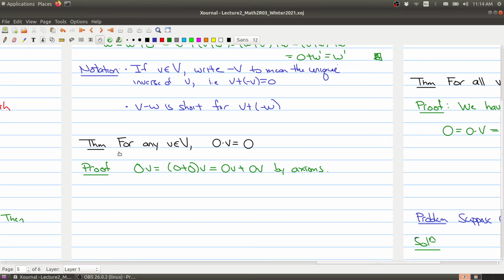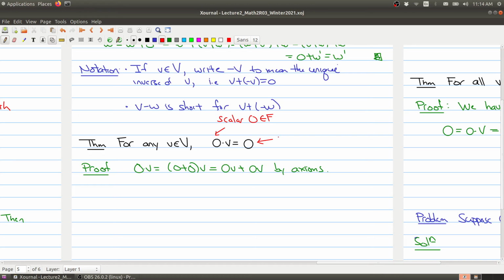So here's another theorem which says for any vector v, 0 times v is equal to 0. Before I take a little break, I really want to highlight that 0 is being used in two different ways here. The 0 on the left-hand side means the scalar 0. This is coming from inside your field F. Your field F has a 0, so it's saying take that 0 element and multiply it by your vector v.